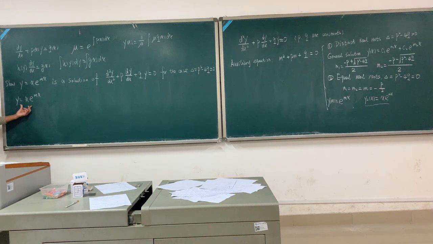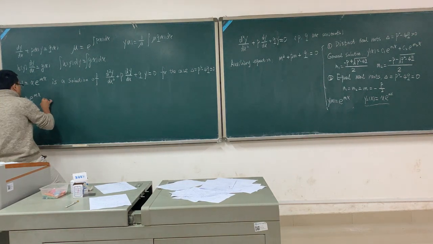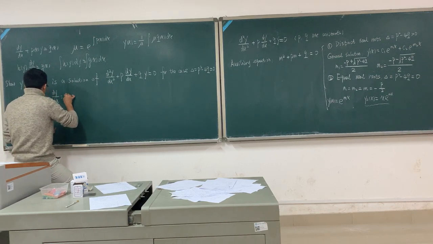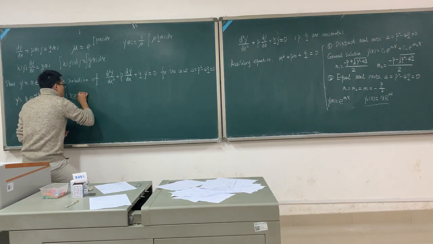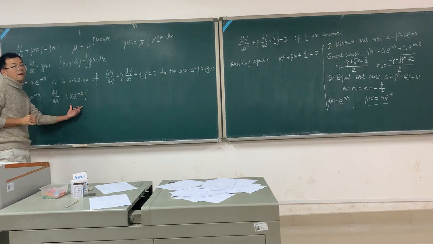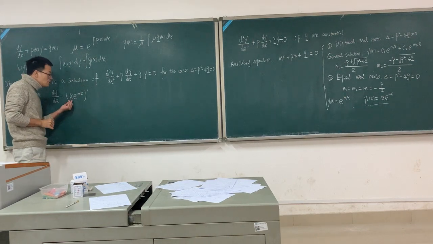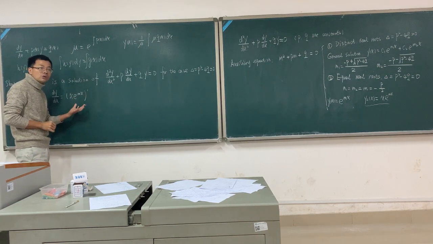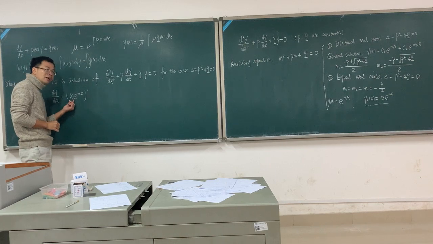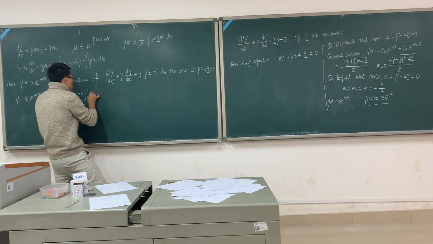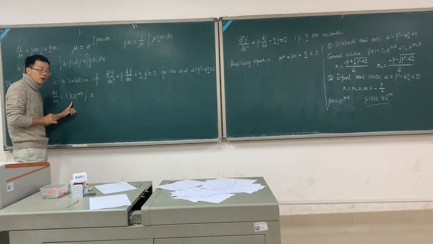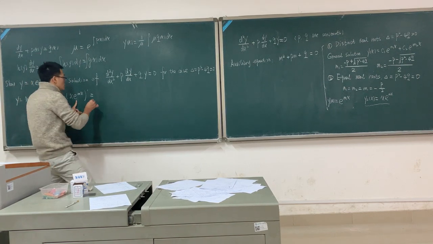What's the first order derivative? The first order derivative dy/dx equal to the derivative of x e^(mx). So here is a function times another function: (f g)' equal to f' g plus f g'. So f' is x prime, which is 1, so 1 times e^(mx) is the first part.